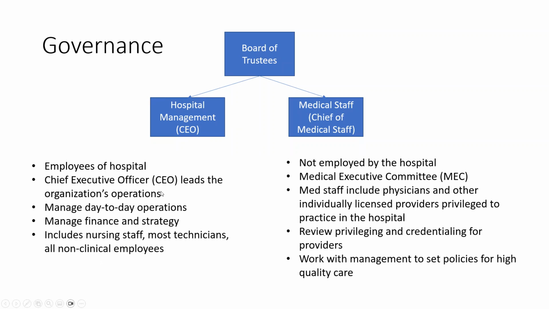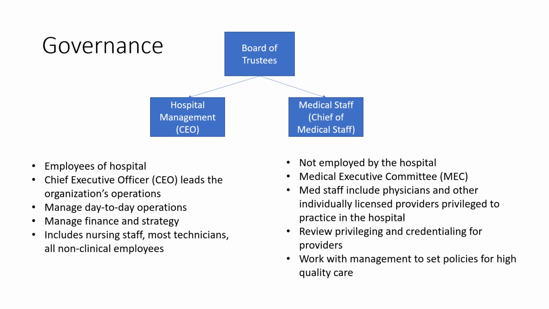The board of trustees should not be involved in hiring and firing anyone other than the CEO. Then the CEO hires everyone else. The CEO manages the day-to-day operations, they manage the finance, and they manage strategy in conjunction with the board.